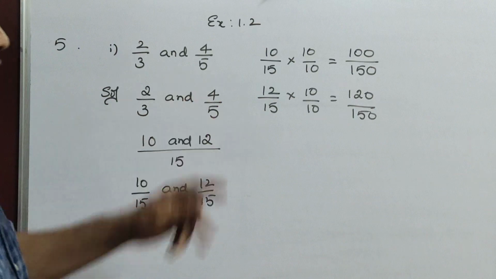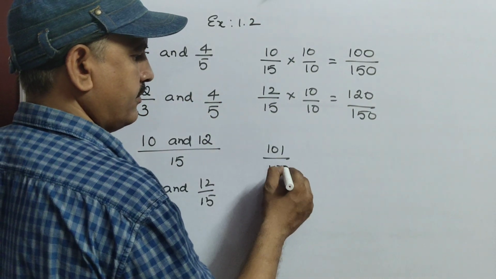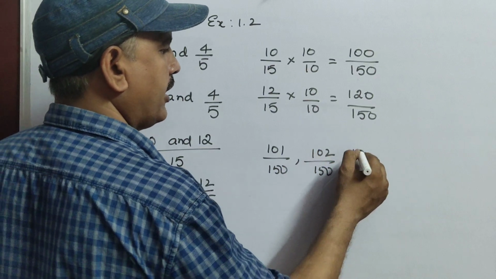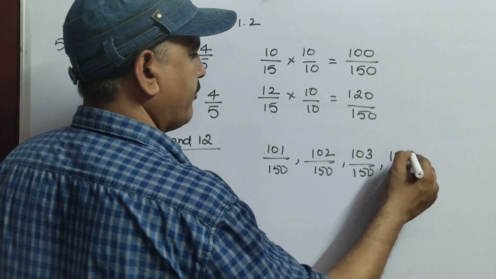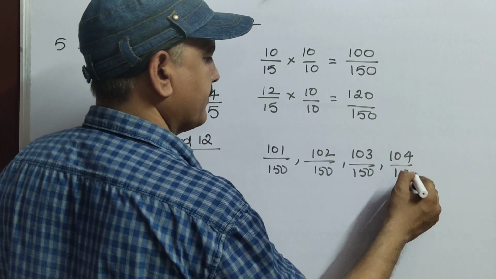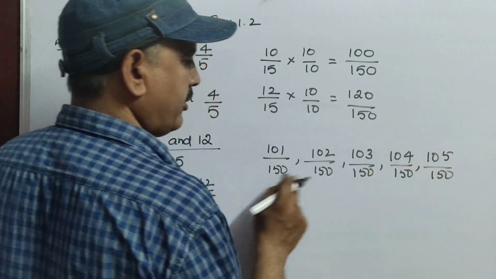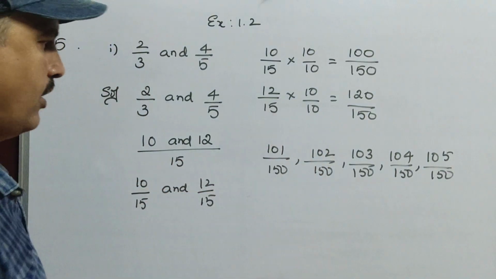Okay. Now 100, 101, 102 by 150, 103 by 150, 104 by 150, 105 by 150. 1, 2, 3, 4, 5. So it is less than 120, so no problem.